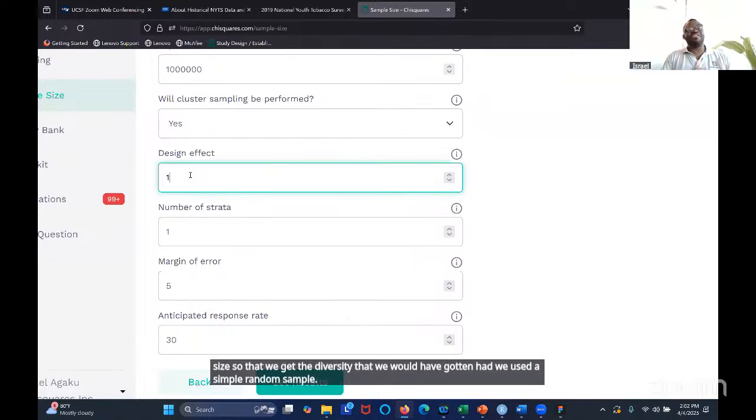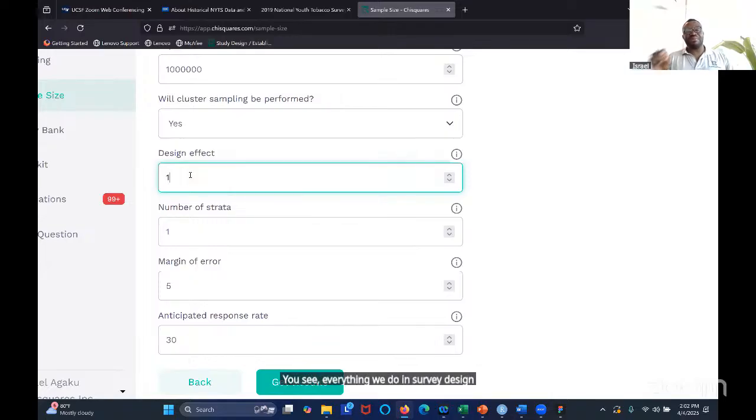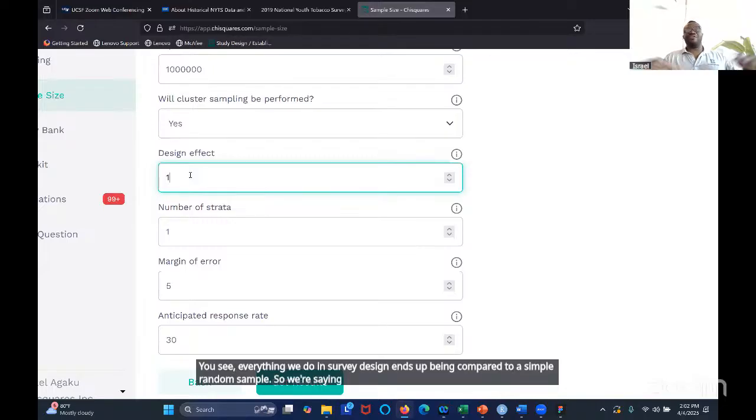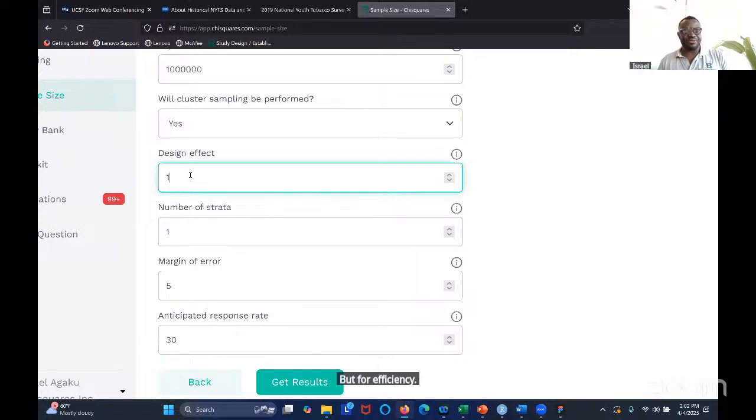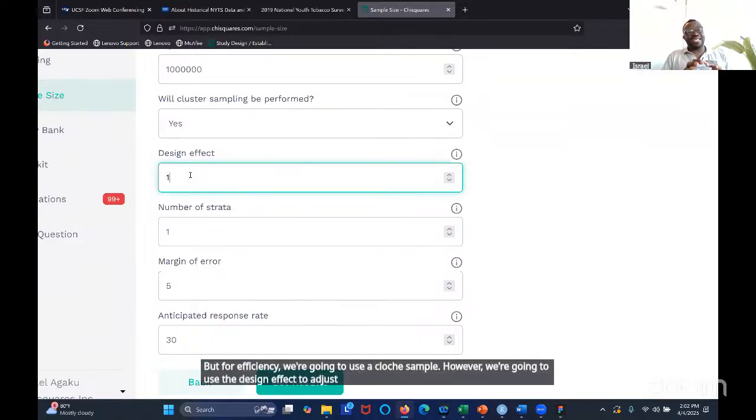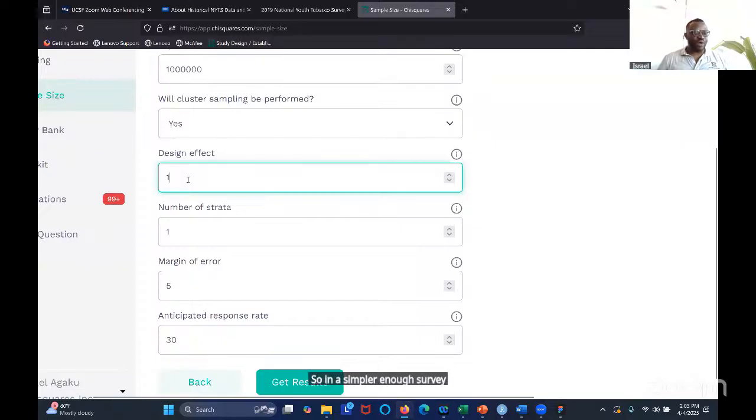You see, everything we do in survey design ends up being compared to a simple random sample. So we're saying that, oh, we'd have loved the diversity of opinions that we get in a simple random survey. But for efficiency, we're going to use a cluster sample. However, we're going to use the design effect to adjust so that we get that same amount of diversity in opinions that we would have gotten had we used a simple random survey. So in a simple random survey, the design effect is 1.